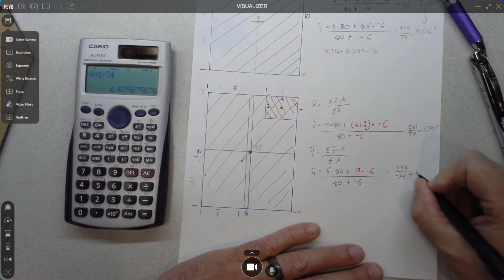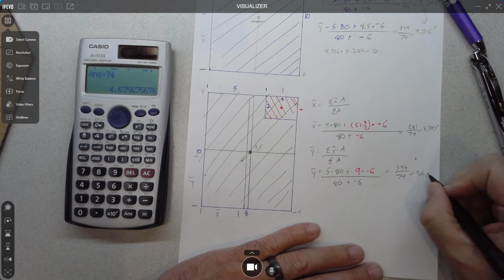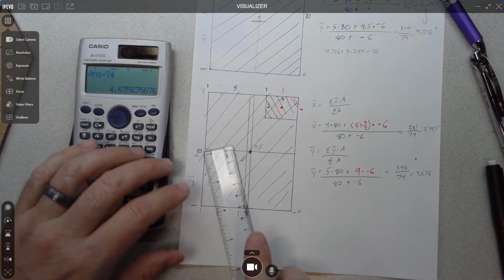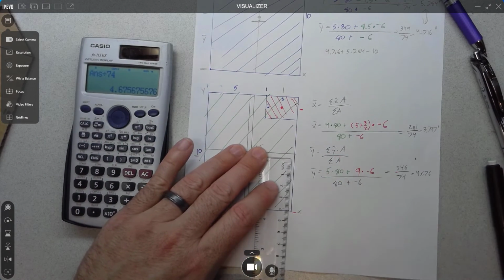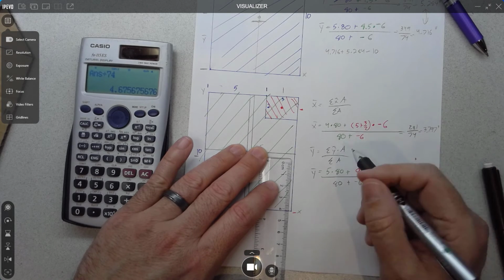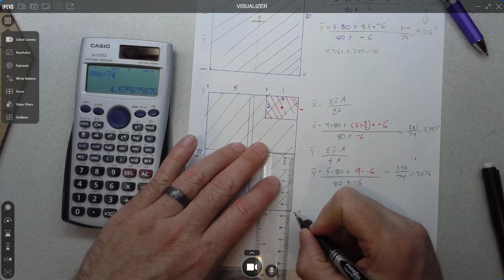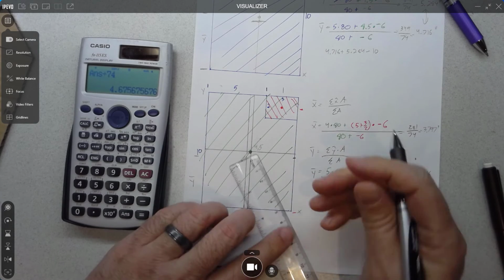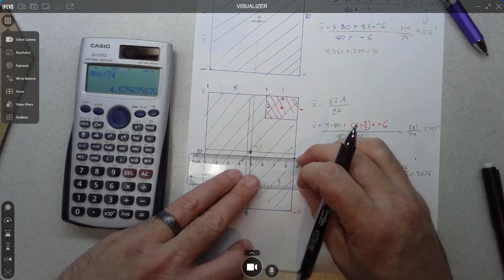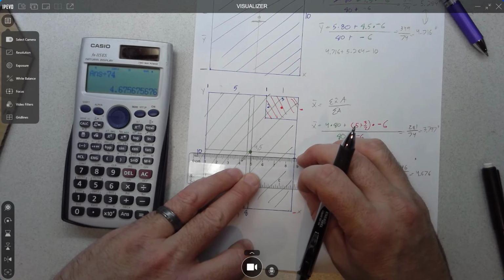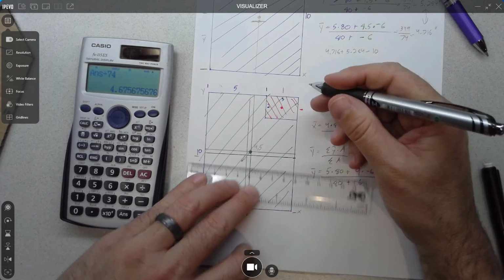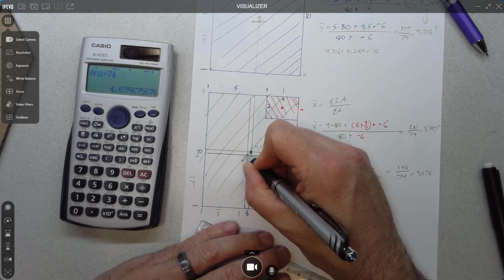So that's 4.676 basically. Okay, so if I come up 4.676, that would be right about there. And so where those two lines intersect is my new centroid.